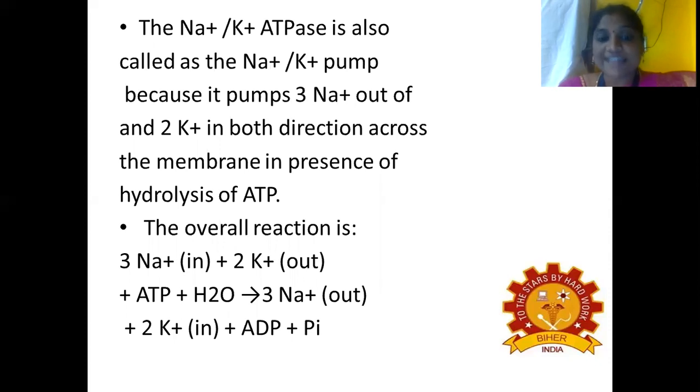The overall reaction is 3 sodium ions in plus 2 potassium ions out plus ATP; with the help of water, the products are 3 sodium ions out plus 2 potassium ions in, plus ADP plus Pi. This is the overall reaction of the sodium potassium pump.